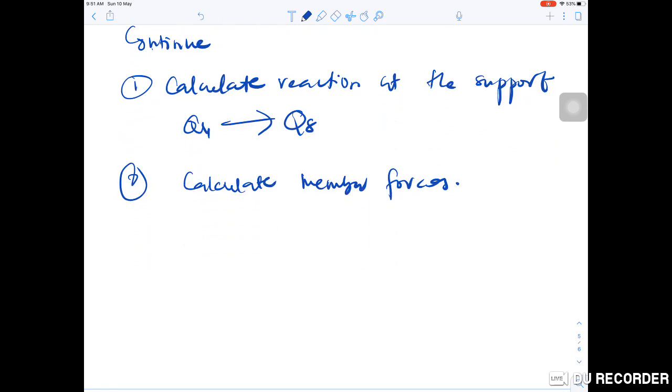Because reaction is considered for the structure, and a member is an element, for member forces we use small letter q. So we have 5 elements, so we will determine q1, q2, q3, q4, q5.